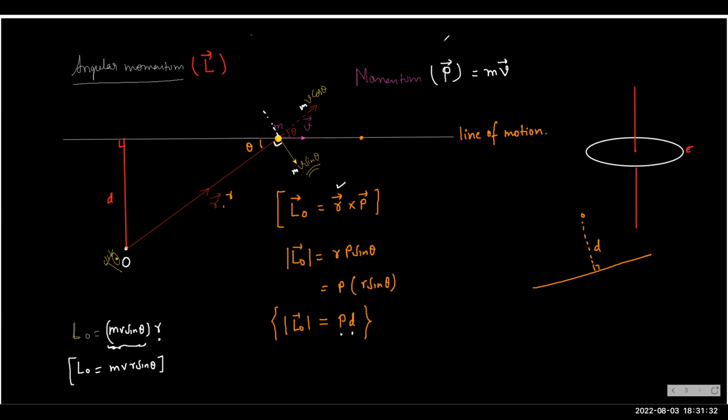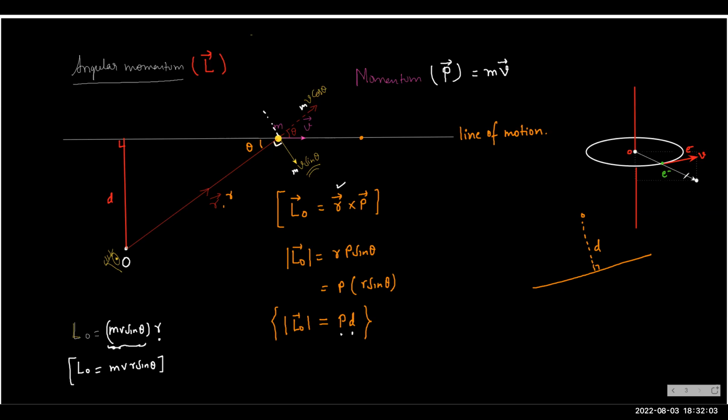If you look at any instant, let's say at any instant the electron is here, the velocity direction will be tangent to the circle, right guys? Can we say like this? Yes. Because you are moving in a circle, your velocity is like this. This is the v vector. And if I choose O as the origin, the r vector is going to be like this.